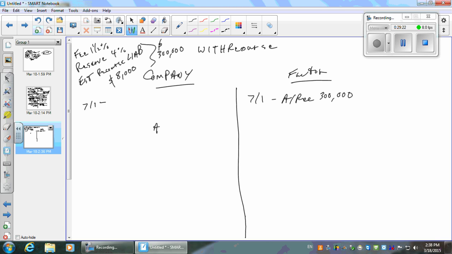The receivable the company's giving up is 300,000. So that's standard. How much cash changes hands? It doesn't change, right? Still the same cash. How much is the cash? We said 1.5% of the 300 was 4,500, and we said 4% of the 300 was 12, right? 16.5. So 283,500.